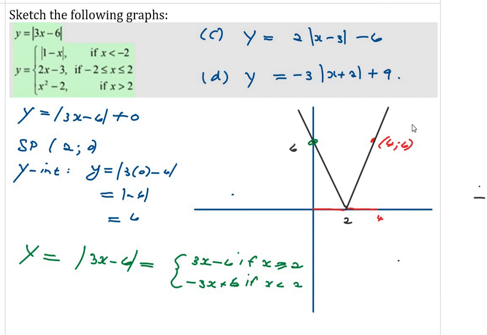So this will be then y is 3x minus 6, and that will be then y is minus 3x plus 6. Okay, so that is then the graph of y is absolute value 3x minus 6, number A here. I will now do the number C that I've indicated there.